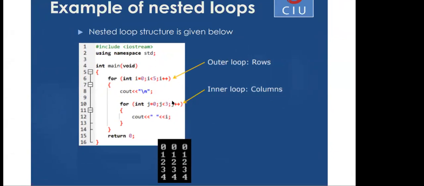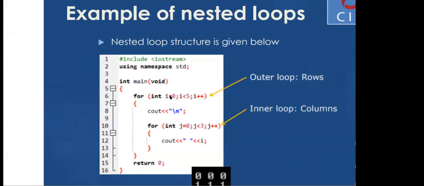Immediately by seeing 5, you know that you have 5 different lines, because 0, 1, 2, 3, 4, and 5 is not included since it is less than 5. So the numbers are actually 0, 1, 2, 3, and 4. Okay, that is the numbers.